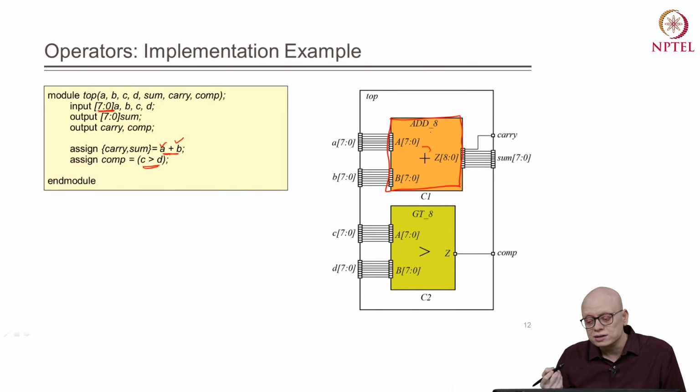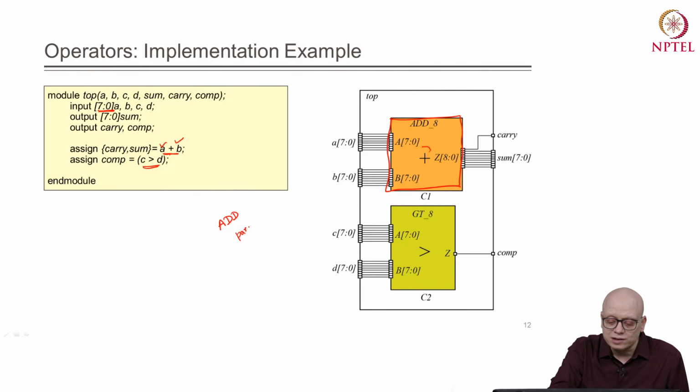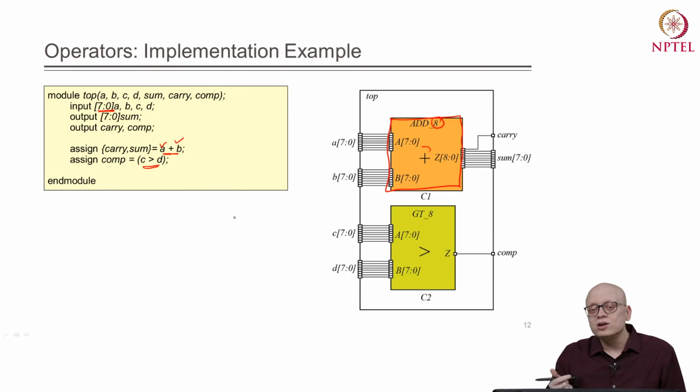The tool might have an internal parameterized module with the name add, and inside this module there will be a parameter, for example, width, and this parameter value is overridden based on what is required in the instantiation. In this case, it will be overridden by the value 8. The name of this module is tool specific, and also the implementation of these modules will be tool specific.